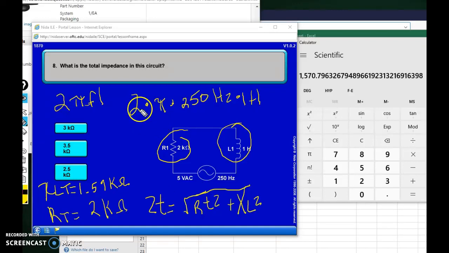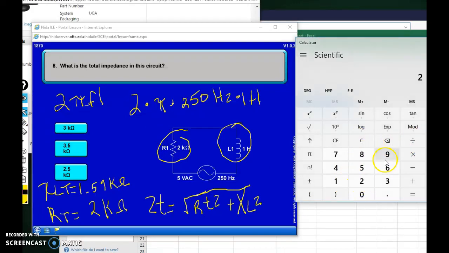We're going to do that over here on our calculator. So let's clear this thing out: 2 squared plus 1.57 squared equals, and we're going to get the square root of that, 2.54.